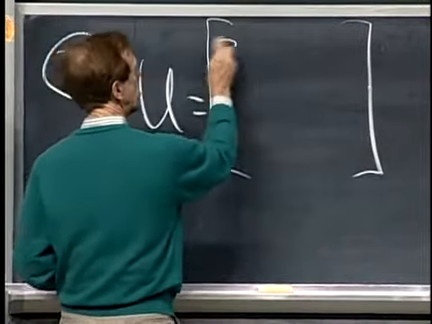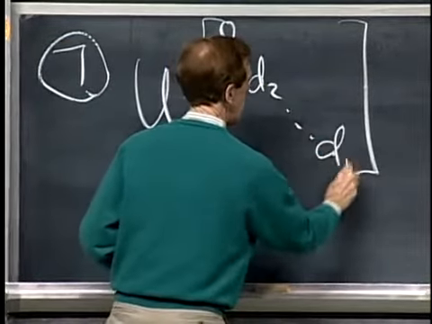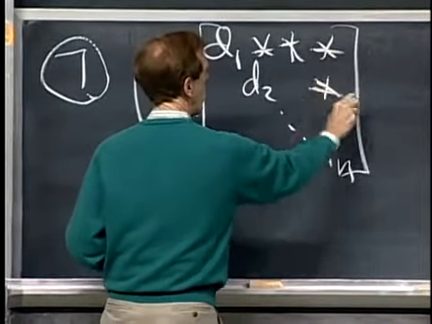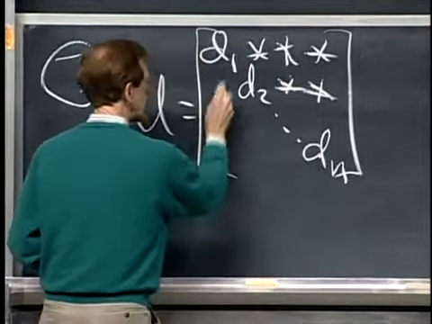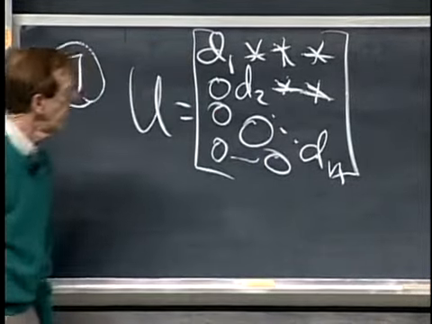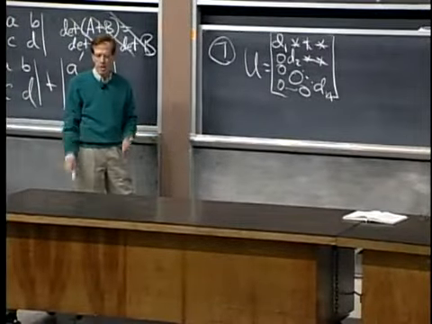I even give these the names of the pivots, D1, D2 to Dn. And stuff is up here. I don't know what that is. But what I do know is this is all 0. That's all 0. And I would like to know the determinant.